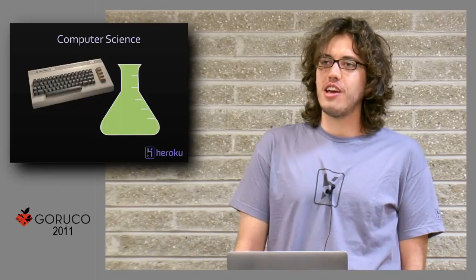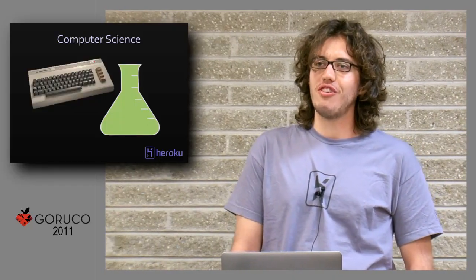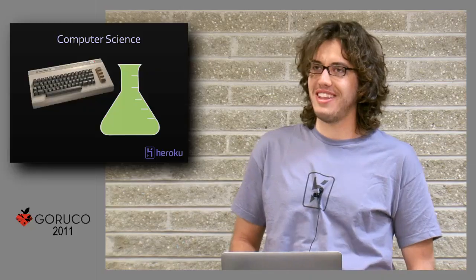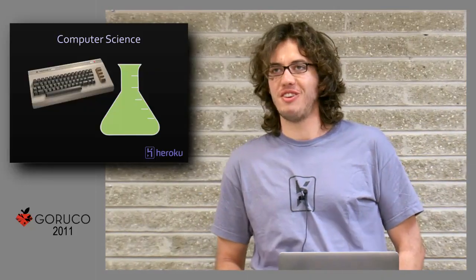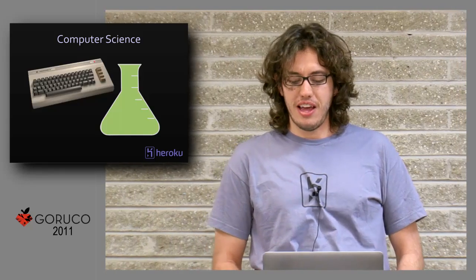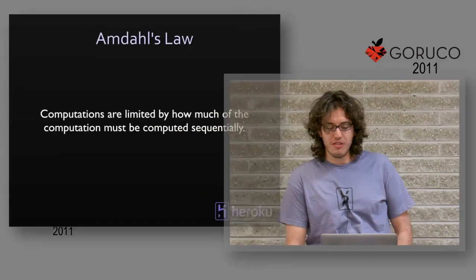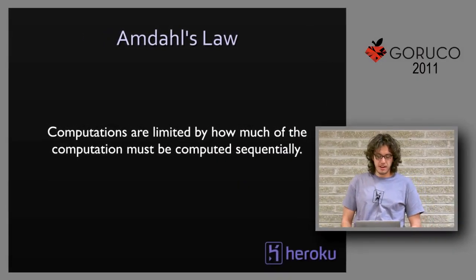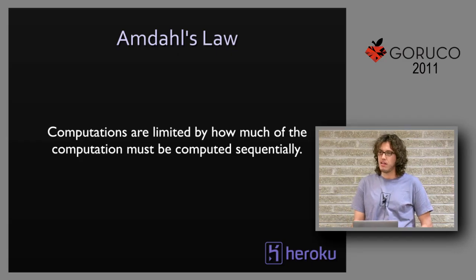To think about this question, I think we should reason with some computer science to discuss what concurrency can do for a program. There's been a great deal of research in computer science regarding concurrent programming. One of the people who's pretty legit at concurrent programming is Gene Amdahl, and he came up with an interesting law.